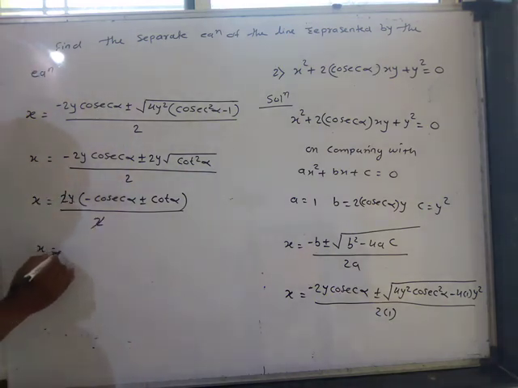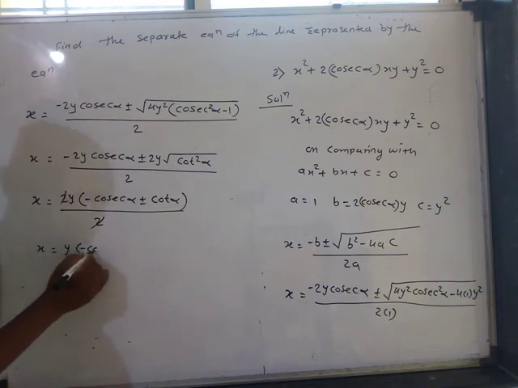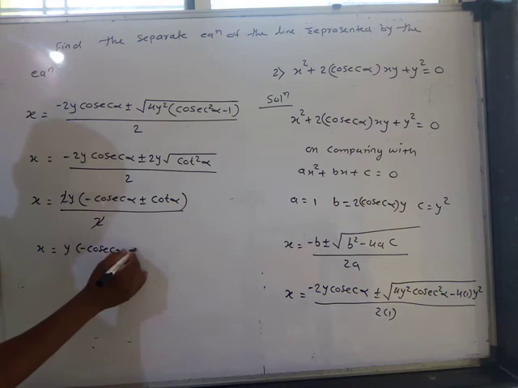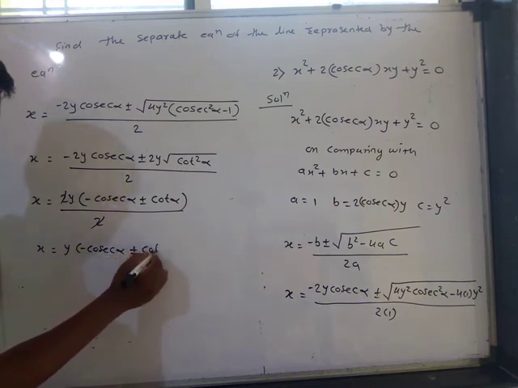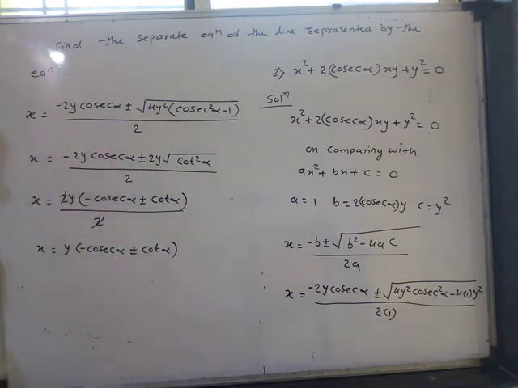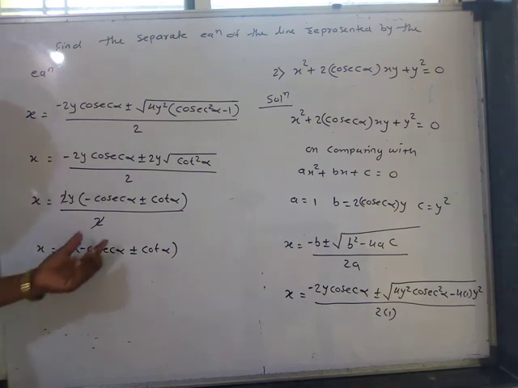So x is equal to y into minus cosec alpha plus or minus cot alpha. From this we can write two lines.